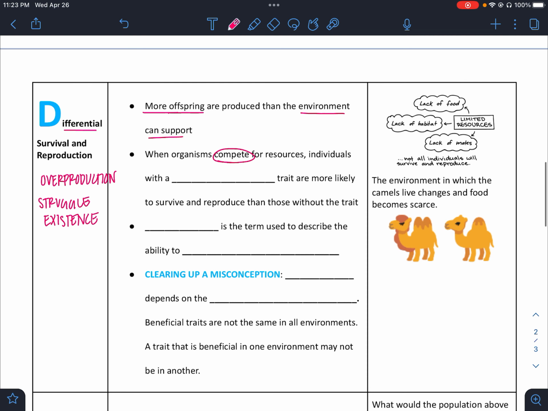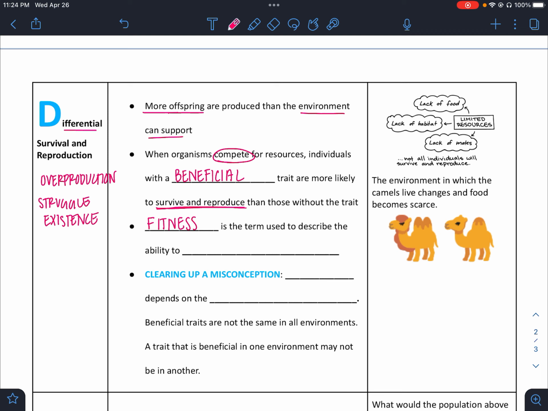Individuals then that have a beneficial trait, so something that helps them, increases their success in competition, they are more likely to both survive and reproduce than those that don't have the trait. When we talk about this ability to survive and reproduce, we call that fitness. Okay?